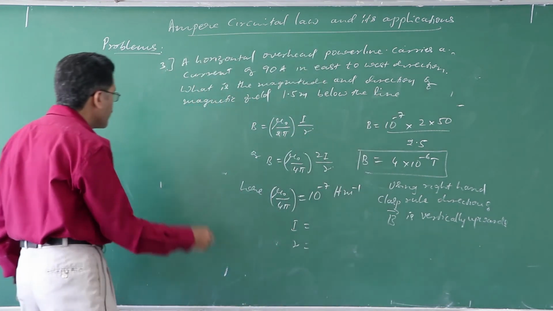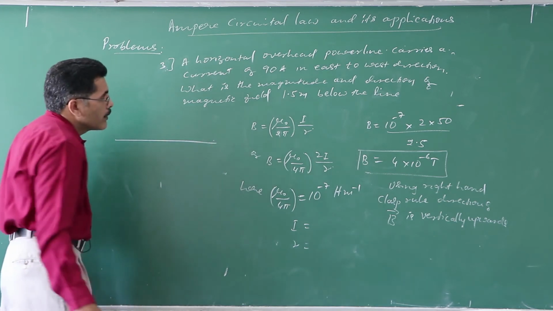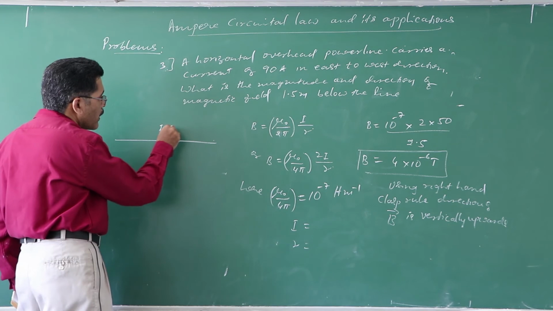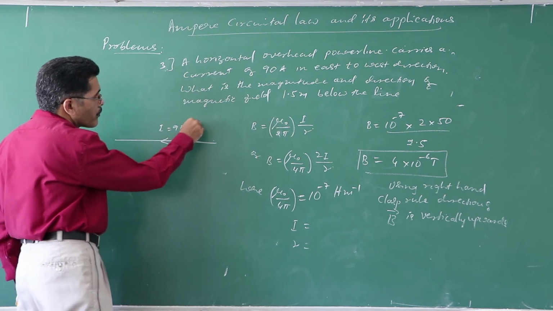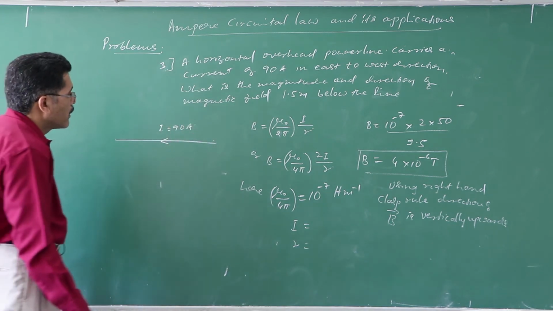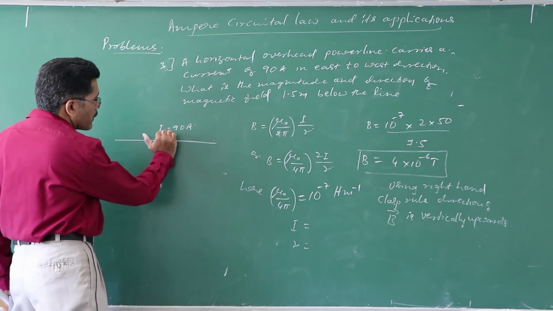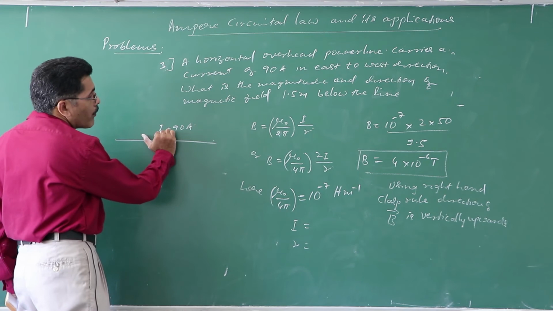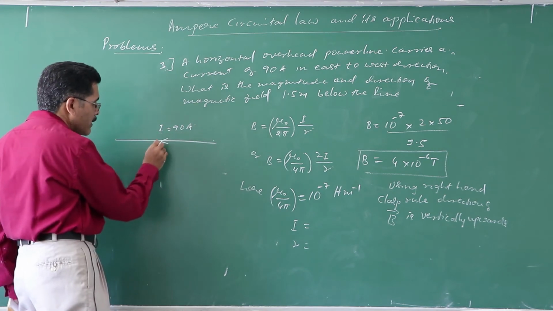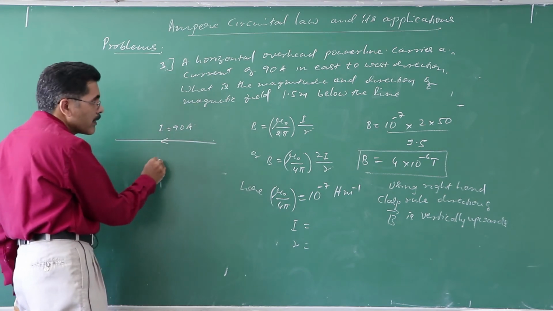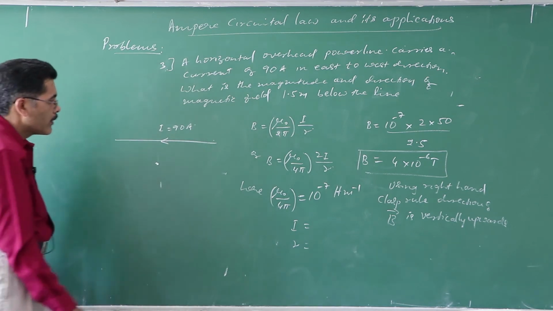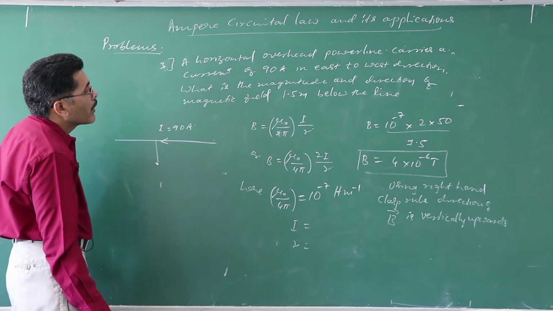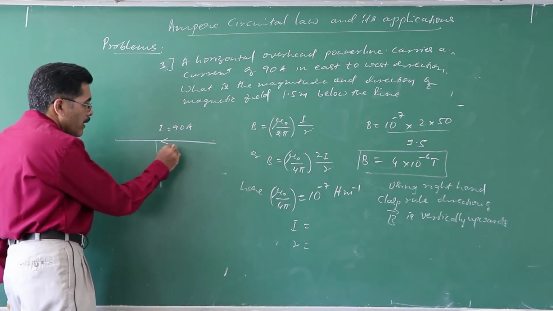See here, there is a power line, so it is carrying current from east to west. How much? 90 ampere current. The current is flowing like this. So what is the direction of the magnetic field? It is acting in this direction, towards south. Here they have asked you to find the magnetic field.